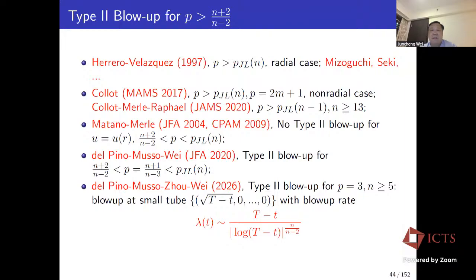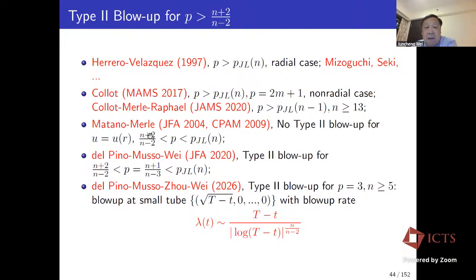Now, when p is greater than the critical case, the first result is by Herrero and Velázquez; the supercritical case is p greater than the Joseph–Lundgren exponent, and Collot and Collot–Merle also proved the existence of type 2 blowup in the non-radial case.